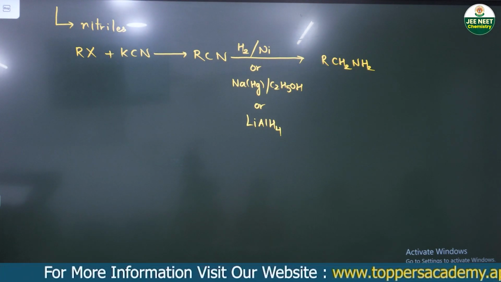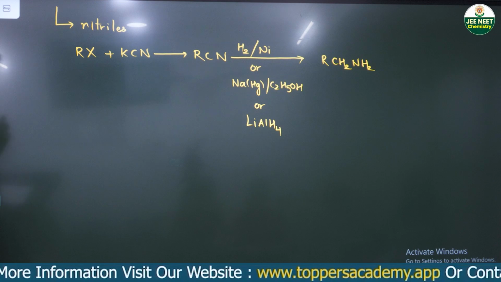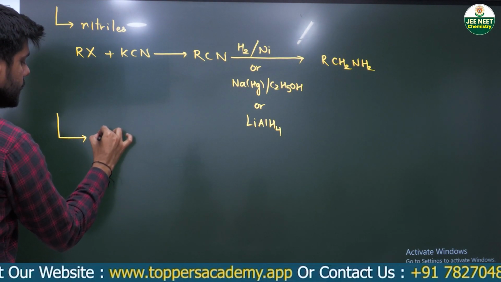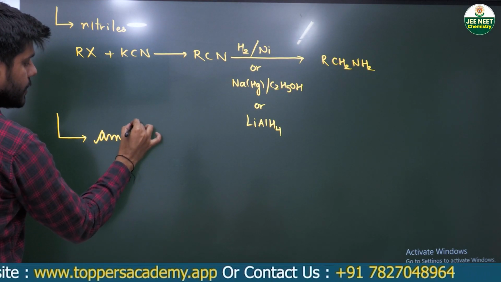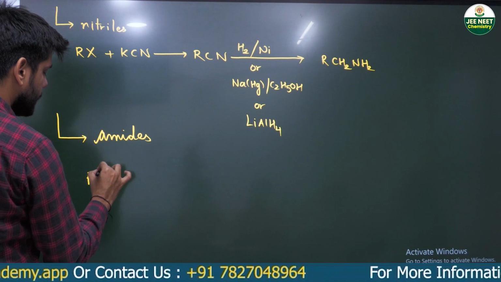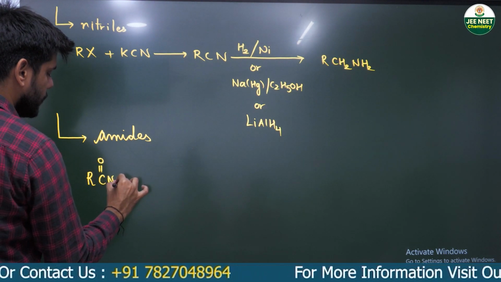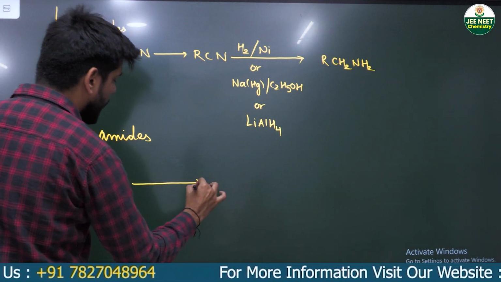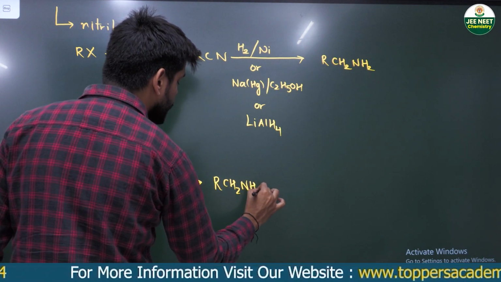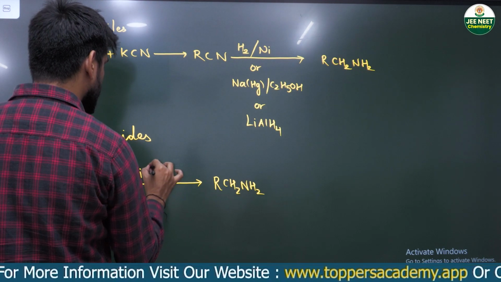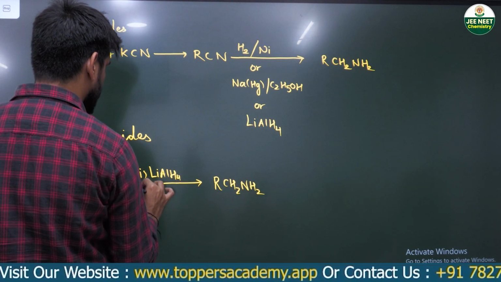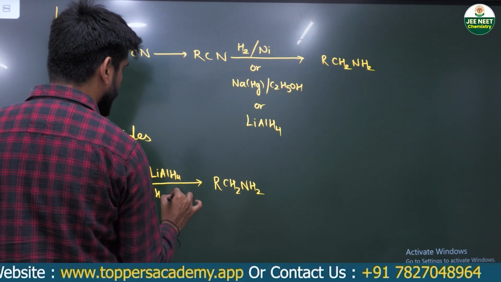Third, the reduction of acid amides. Look here. RCONH2, and I want to form RCH2NH2. Here I can use lithium aluminium hydride followed by hydrolysis to form this.